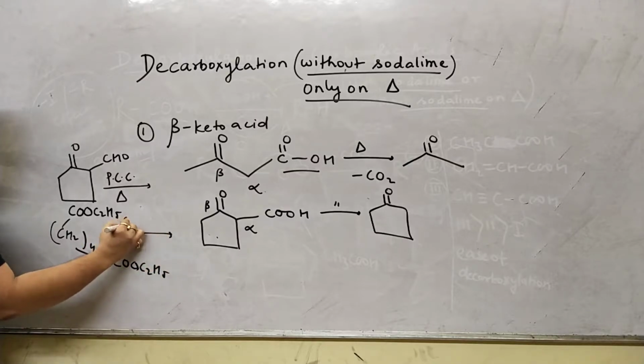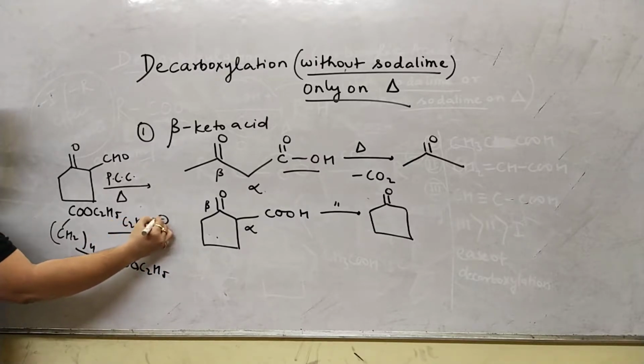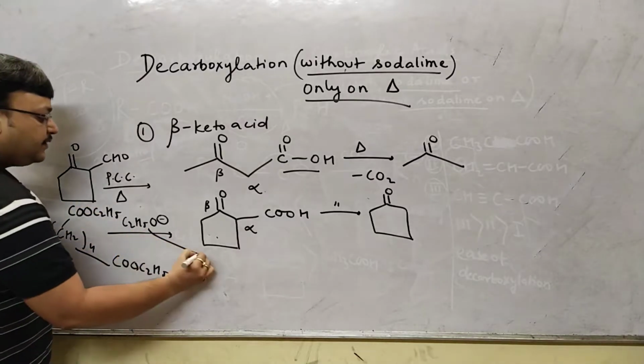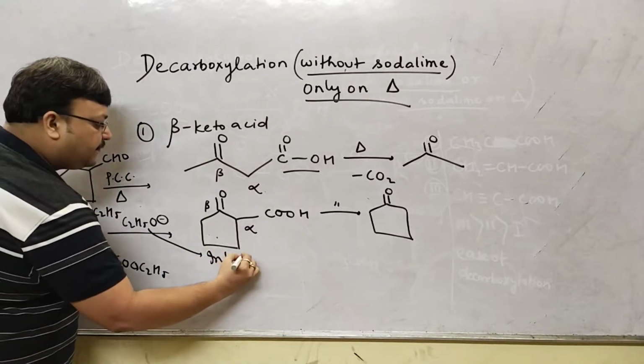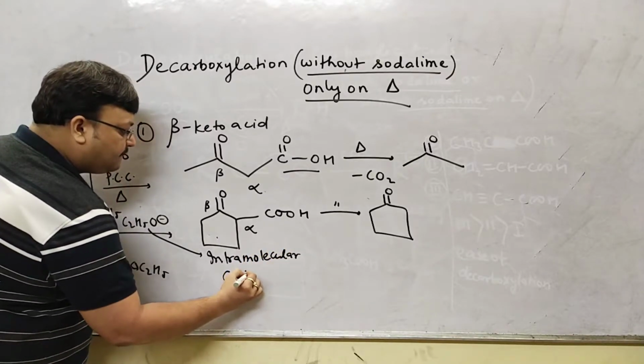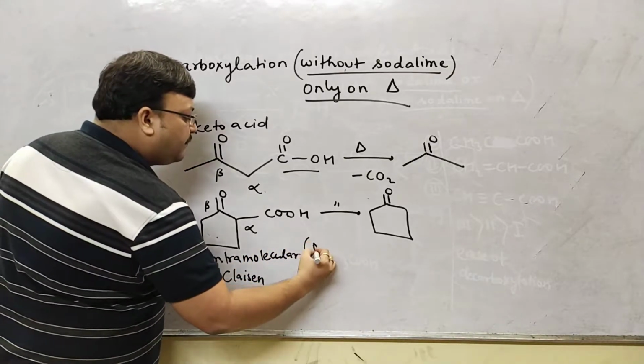When you treat it with C2H5O minus, this will be intramolecular Claisen. You will want to remember this reaction, this intramolecular Claisen. It's also called the Dieckmann reaction.